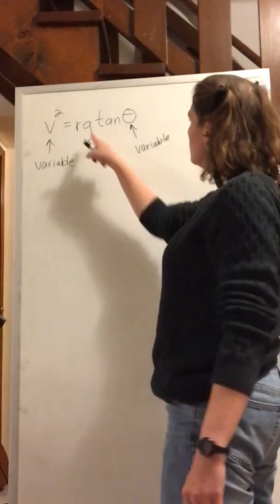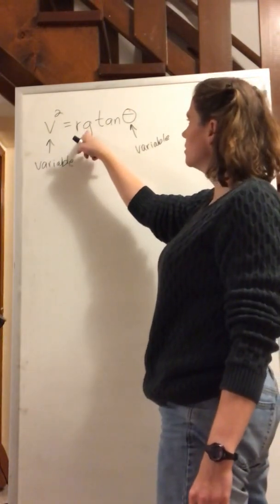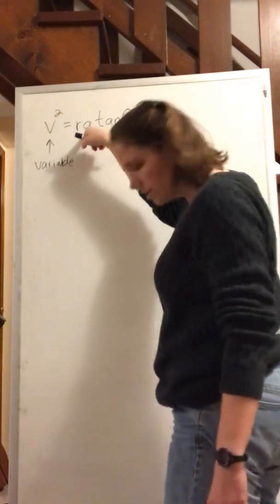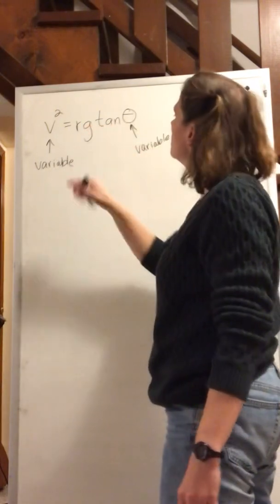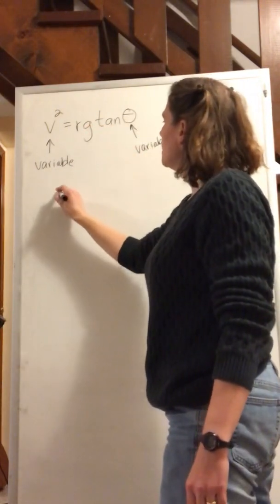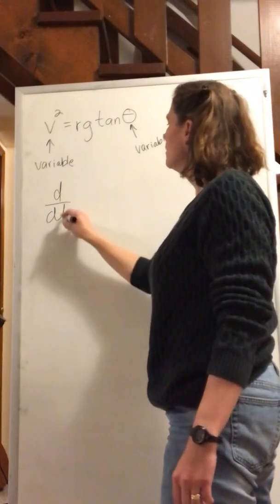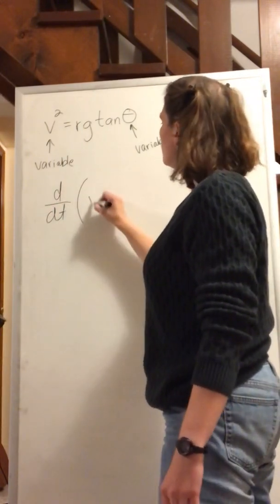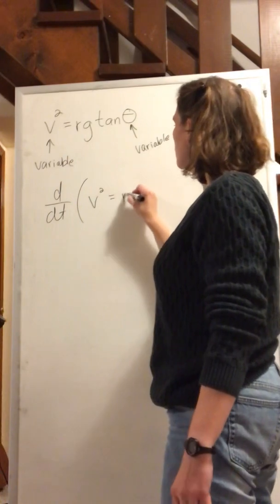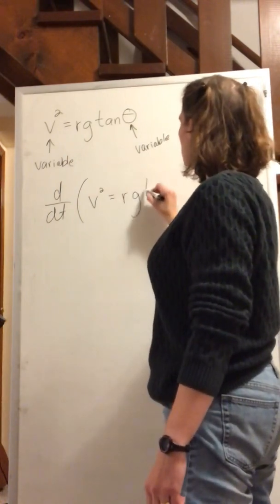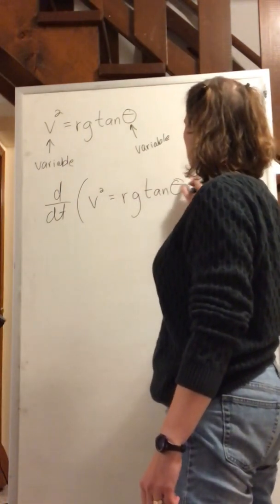So a couple things that we know. We know that the radius and acceleration due to gravity are constant. Acceleration due to gravity is 32. So we're really just going to take the derivative with respect to time of v squared, which is equal to Rg tan theta.